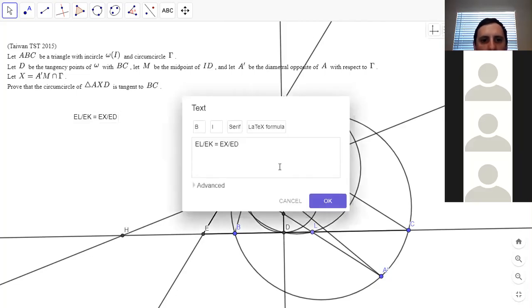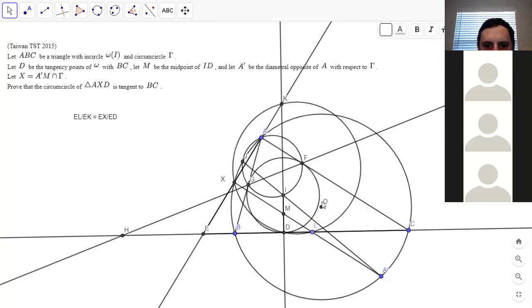Sorry, maybe I have some problem. How did you denote E? E is the midpoint of HD or? No, I define E to be the intersection of AX with BC. Oh, I got that. So I think it works, right?